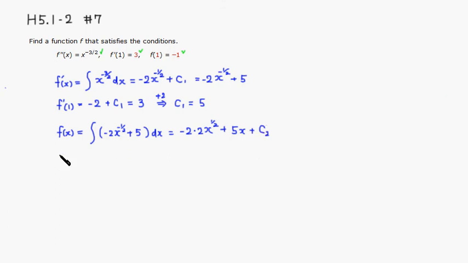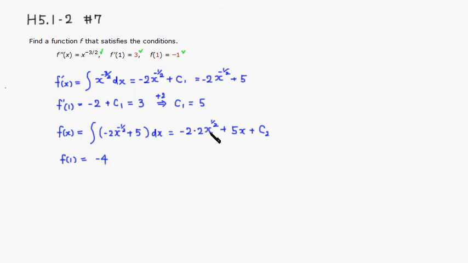If you plug in x equals 1 into the original function, we're supposed to get negative 1. So this is negative 4. I forgot to multiply them together, but it's negative 4.